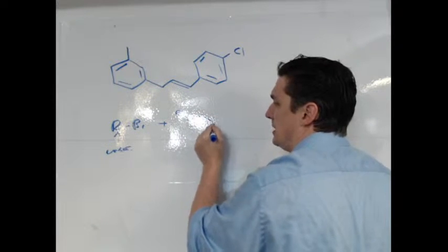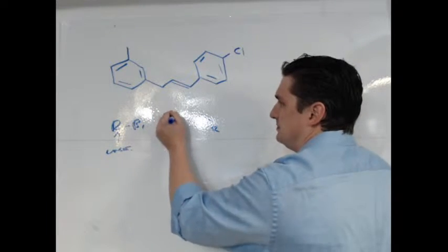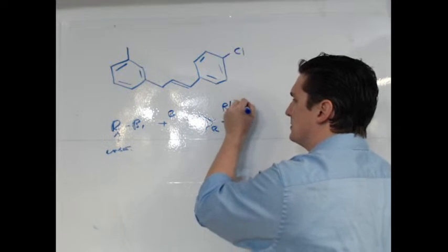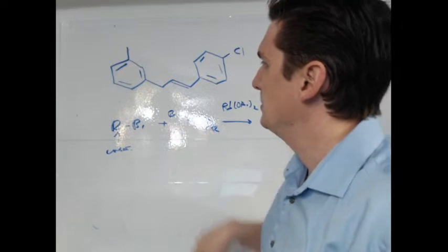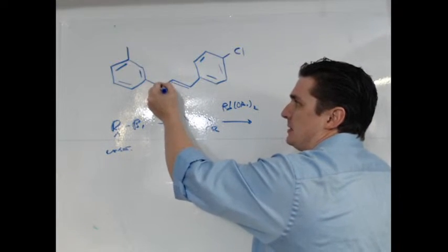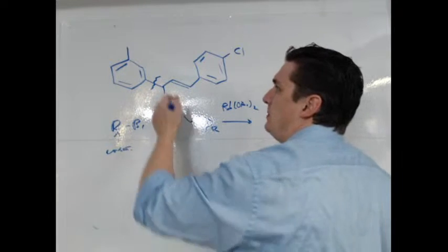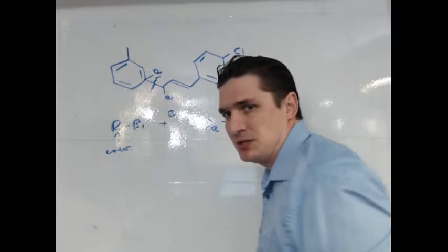And we're not going to make comments on what's broken on the other side. For the Heck reaction, we have a palladium 2 catalyst that couples this R group to this double bond. So what we have to do is look for a double bond, and what would be attached to this double bond if we were to break it is the halogen Br, and what would be attached to the group we're coupling with would be a Br to that position.